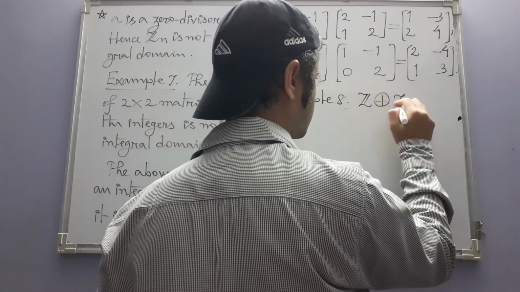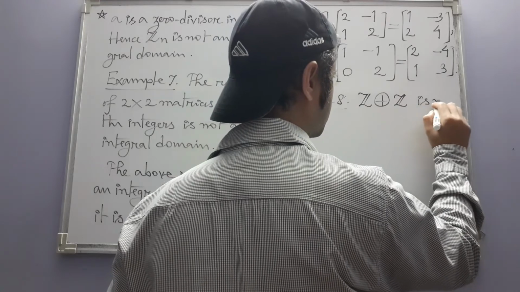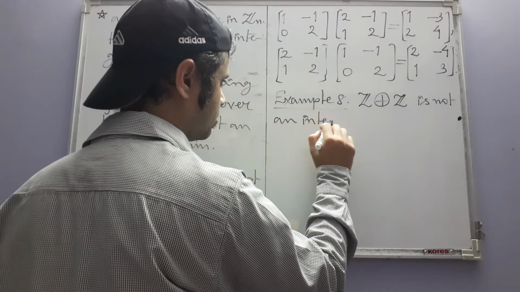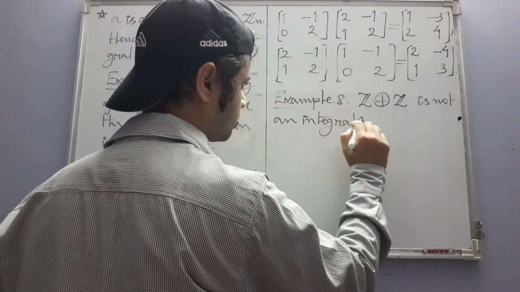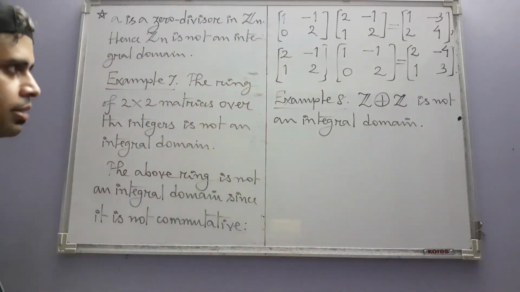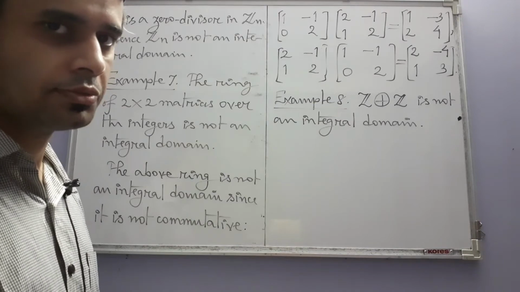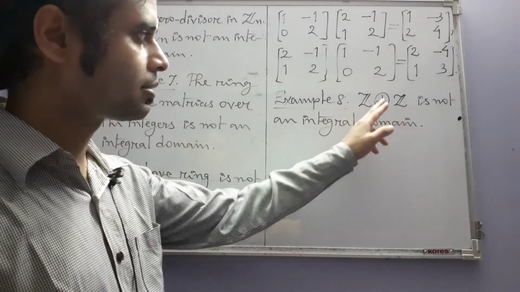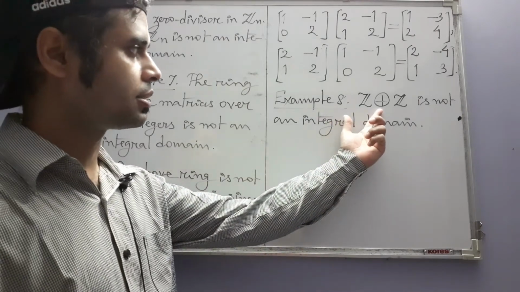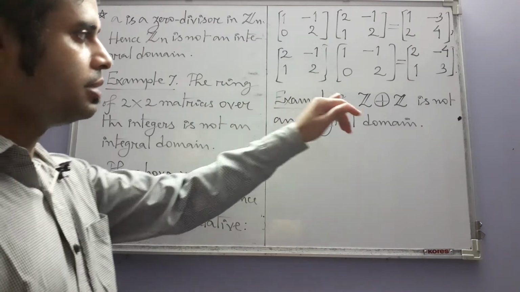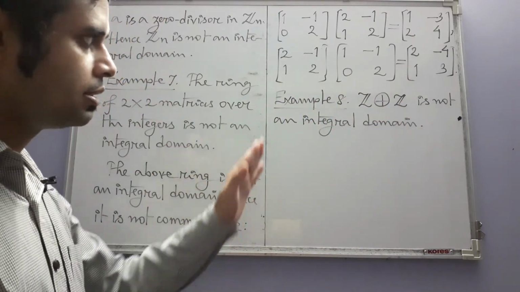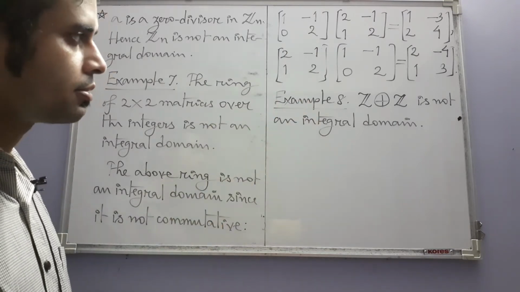This direct sum is not an integral domain. Unlike the matrix ring, this ring is commutative because the summands individually, which are of course the same, the ring of integers, are commutative, so this direct sum is also commutative.